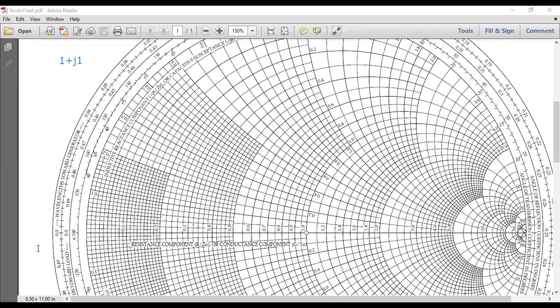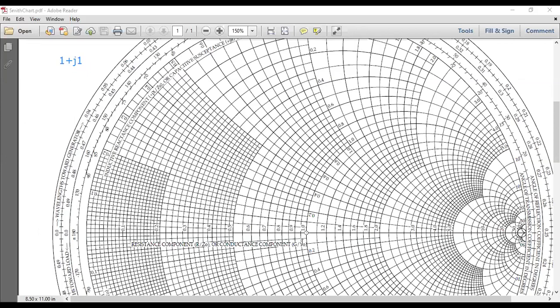Anyone? Quickly. Is it capacitance? It is not capacitance. It is inductive, because if j is plus, then it is inductive. If j is minus, then it will be capacitive.